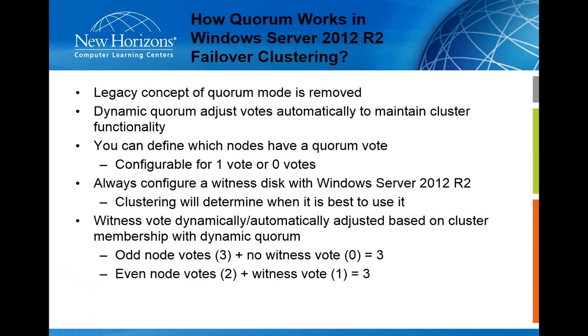Now the witness vote does keep the system up and running. Keep it going even though we may go below 50%. And that is what keeps the system up and running, is this new dynamic model. So that is new.